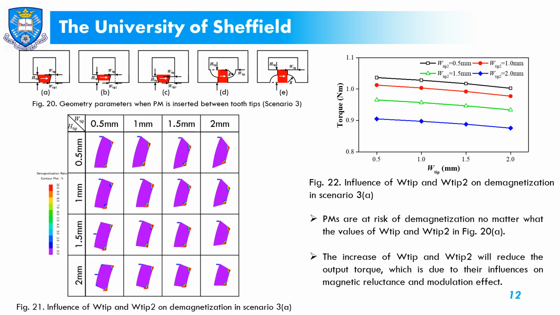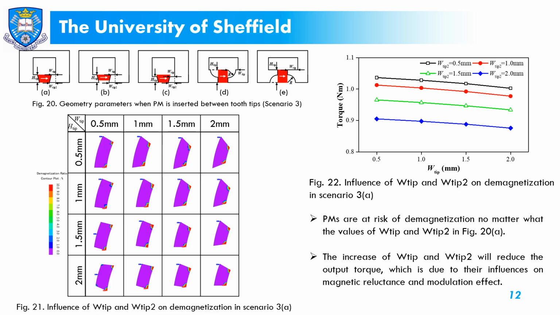From Fig 21, we can see that when the tooth tip is shown as Scenario 3a, the magnets are at risk of demagnetization, no matter what the values of W-tip and W-tip2.